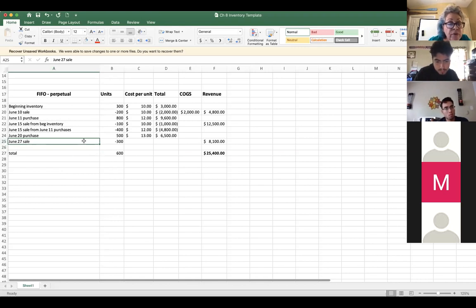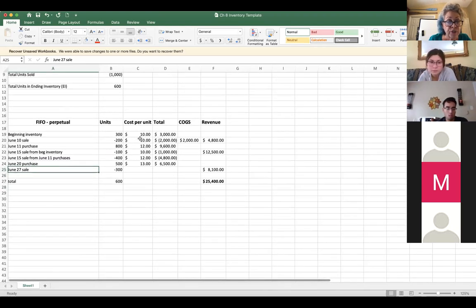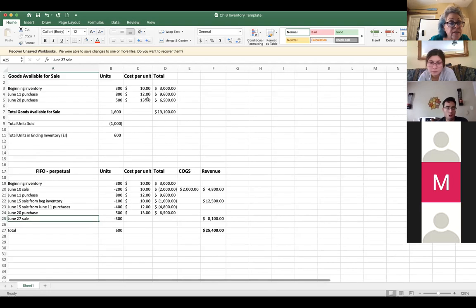Because how many units of the June 11th did I still have? 400. 400, exactly. So the 300 would come from my June 11th purchase, which is at $12 per share.